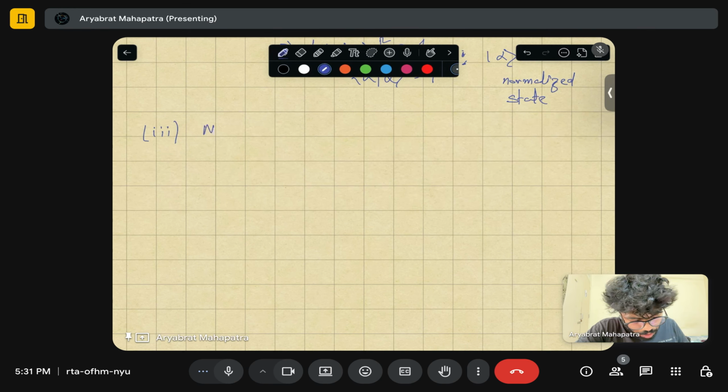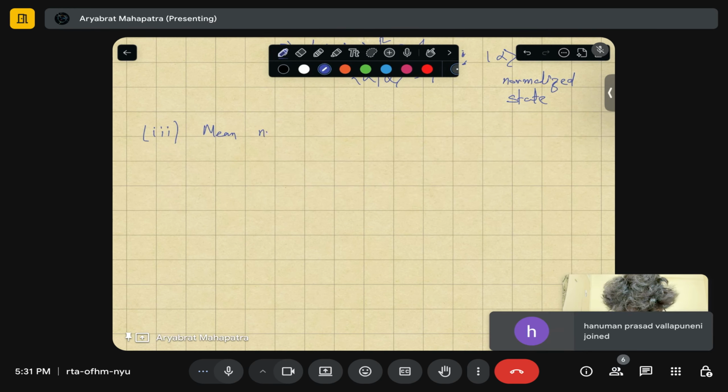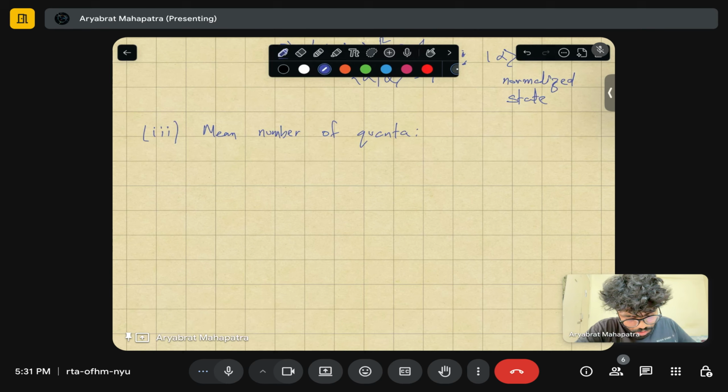So mean number of quanta means you have to calculate the average number of quanta in the coherent state. So you have to calculate the expectation value of the n operator in the coherent state.